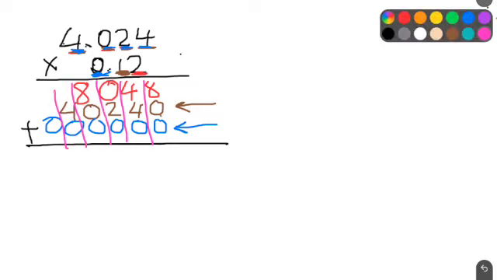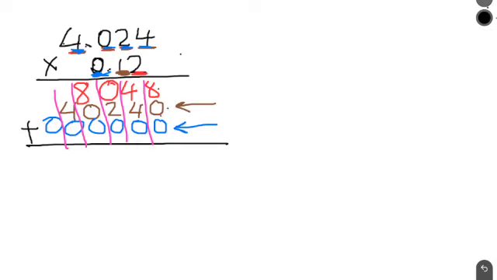Okay, so 8 plus 0 is 8. 4 plus 4 was 8, plus 0 is 8. 0 plus 2 plus 0 is 2. 8 plus 0 is 8. 4 plus 0 is 4. 0 brings down a 0. Okay?